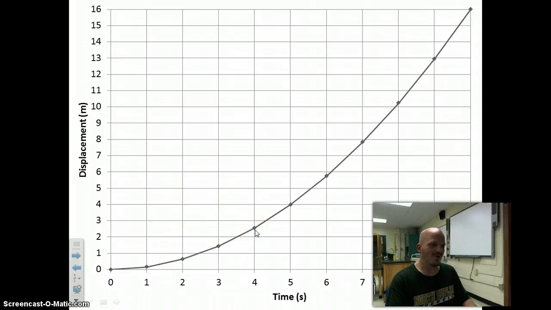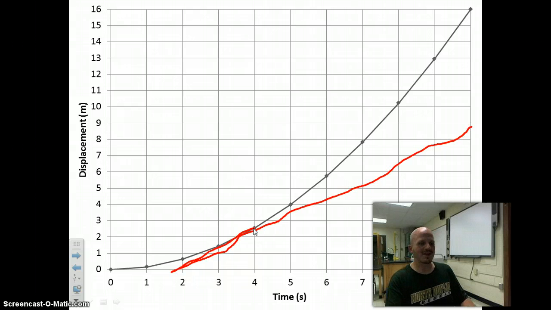For example, if I wanted to know what the velocity is at 4 meters, I could figure out a tangent line, the line that only touches it right there. If I could draw a straight line, the slope of that tangent line would tell me the velocity right at that instant. I'm not going to expect you to do that. I do expect you to know that that relationship is there.